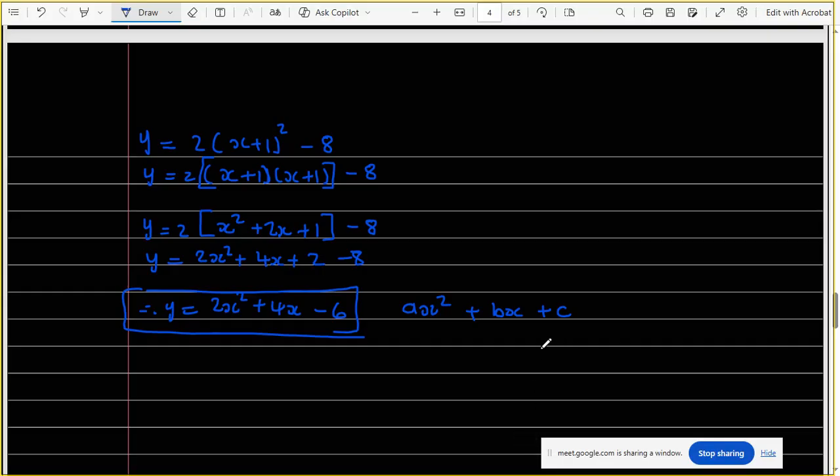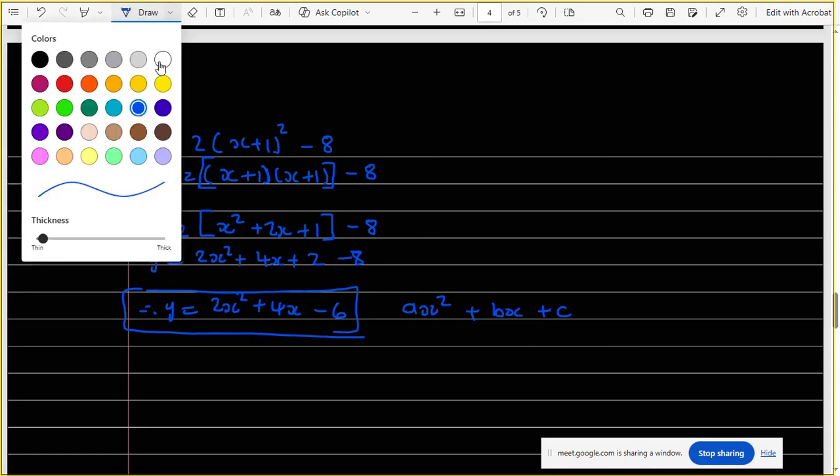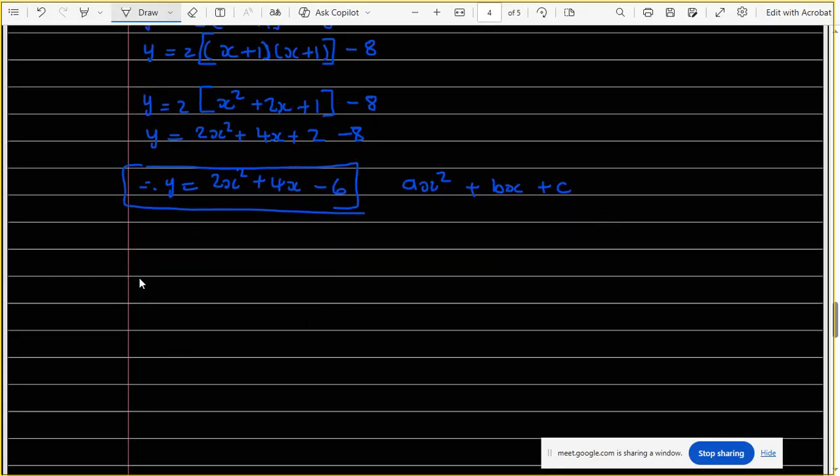Yes, I understand. So tell me, what is the equation of the axis of symmetry for this graph? Find the equation of the axis of symmetry.